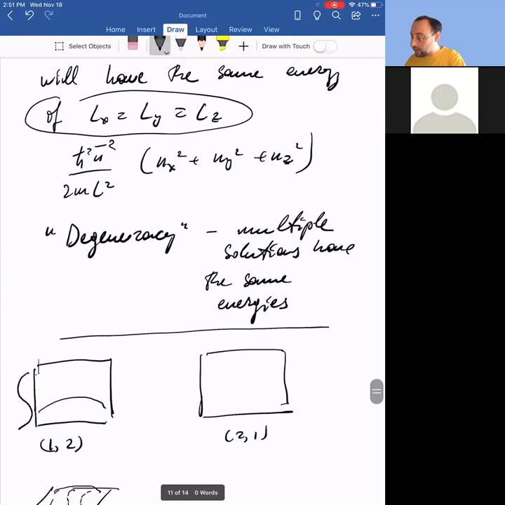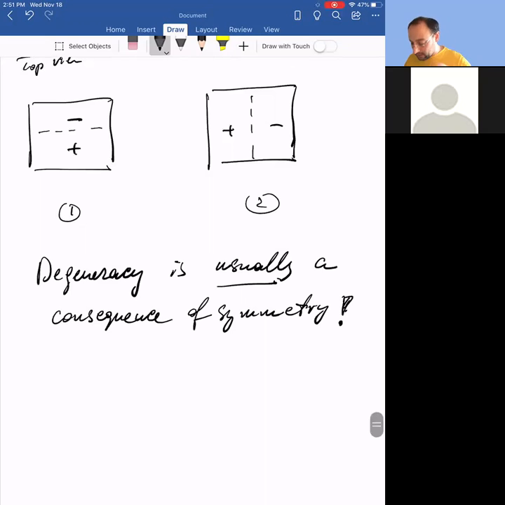Sometimes you get two states, two modes, two solutions, two stationary states, two wave functions with well-defined energy that have the same energy, but not because of symmetry. That's called accidental degeneracy. But typically degeneracy is related to symmetry.